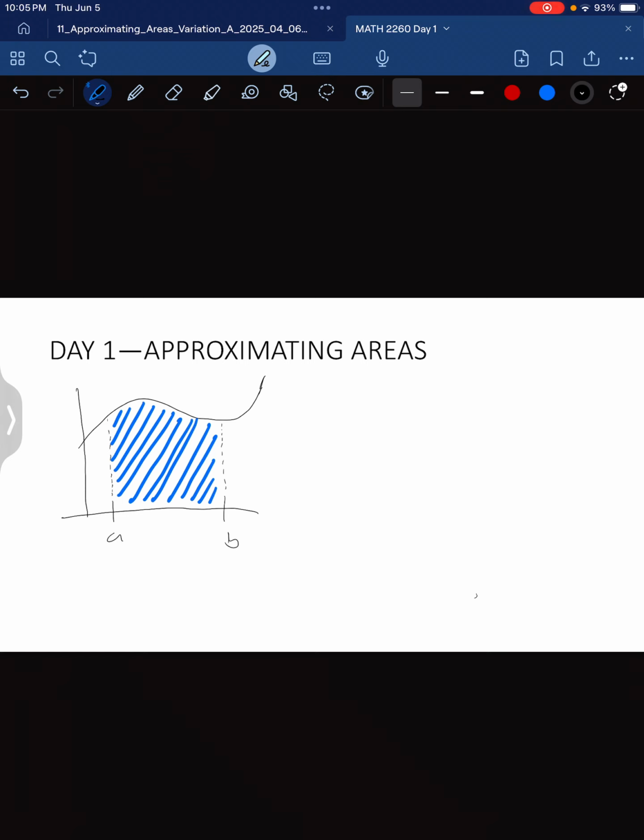So this is not a linear function that I've drawn. This is some kind of curve. But if all we want to do is approximate this, we could divide this region up into a bunch of rectangles, and then use the area formula for rectangles, which is just width times height, and add that up, and that will at least give us an approximation.